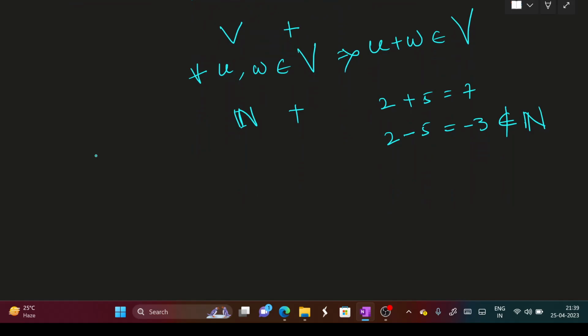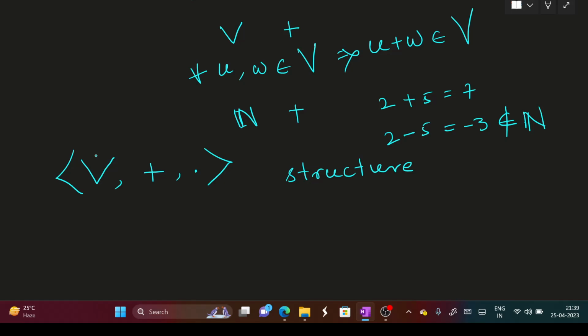Now consider V is a set having two operations defined on it: addition and scalar multiplication. Any set having some operations defined on it is said to be a structure.